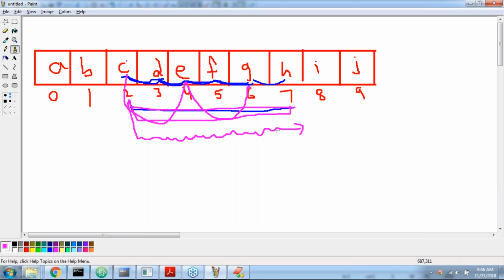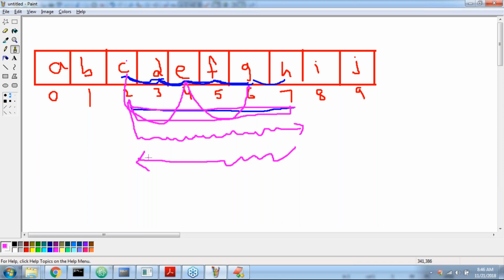By using the slice operator, you can move to the backward direction also. So you can move either to the forward direction or to the backward direction. Both are always possible.